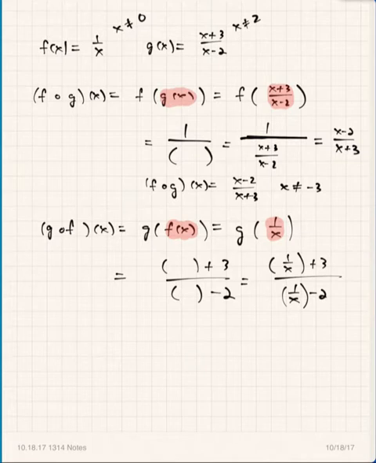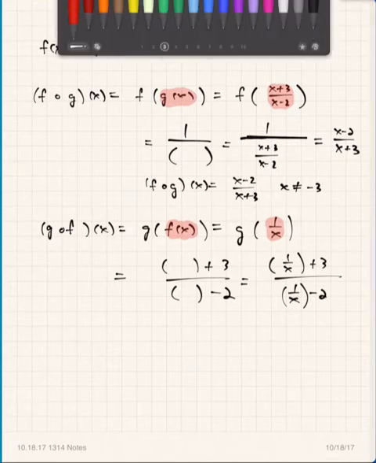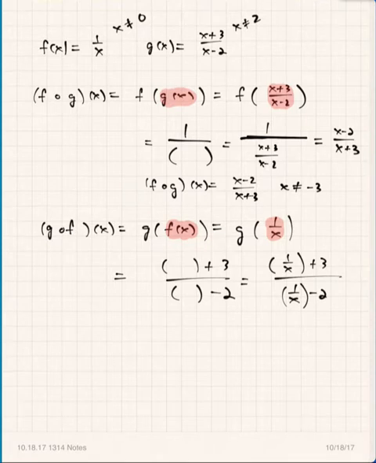Now you end up with a complex fraction. I'm not going to get too crazy with complex fractions here, but to clear out the complex fraction, and you'd want to do that, you would multiply the top and the bottom just through by x. If you multiply the top and the bottom both through by x using the distributive property, first of all, that's legal to do because you're doing the same thing to the numerator and the denominator. You're multiplying both of them by the same thing.